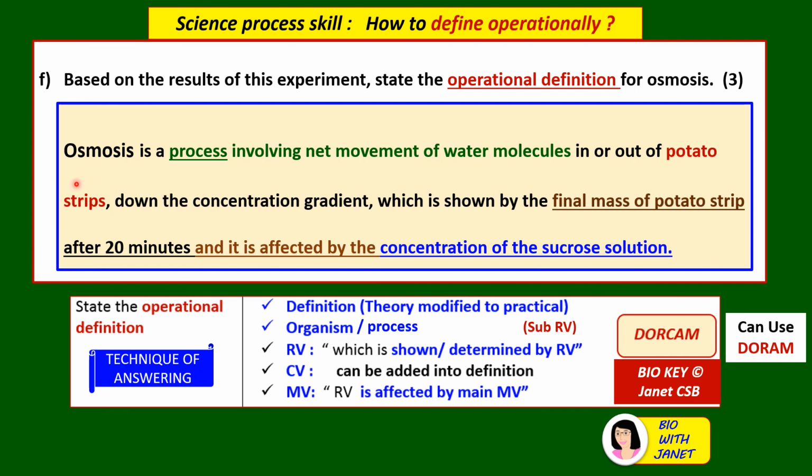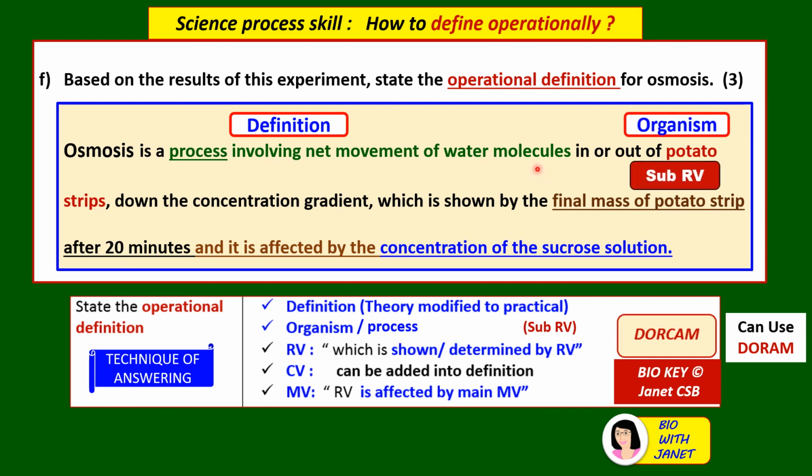So let's see the components. First of all, the definition, okay? Osmosis is a process. We mentioned that it's a process, and it involves the net movement of water molecules in or out of the potato strips, because sometimes the water moves into the potato strips for certain concentrations of sucrose, and sometimes it moves out. So in or out, down the concentration gradient, from a region of higher water potential to a region of lower water potential, which is shown by the final mass of the potato strip.